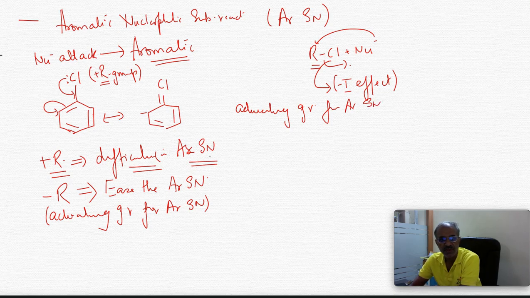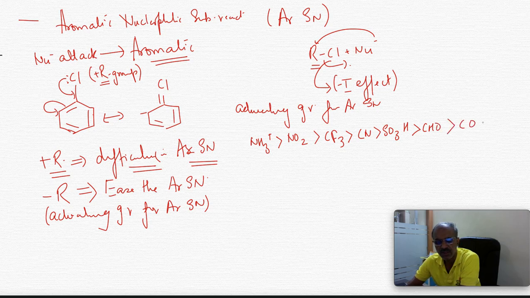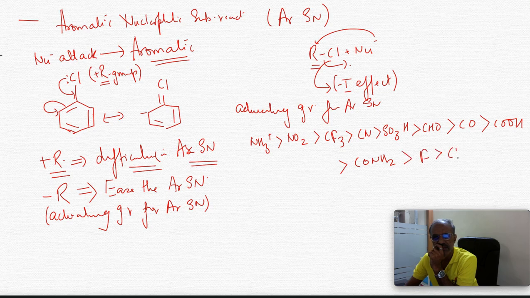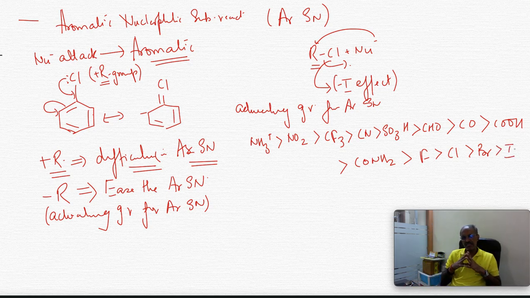Just make a note of it: NH3 plus, then NO2, then CF3, then CN, then SO3H, then CHO, then C double bond O ketone, then COOH, then amide CONH2, then F, Cl, Br and I. So these are the minus I groups.